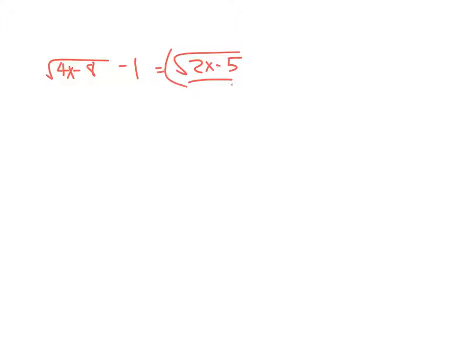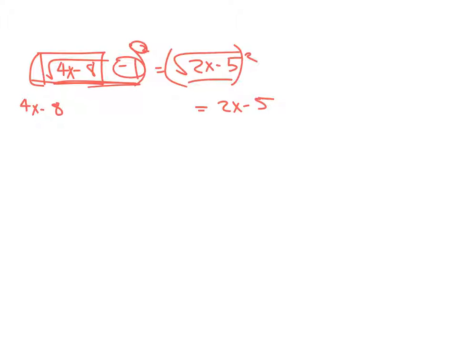So the next step is to square both sides. So we did that, and this changes to just 2x minus 5. This side over here gets to be a little messy. One of the things that makes it a little bit easier is that with this squared, if we're going to square this, we're just going to take this part under the radical, take it out of the radical.